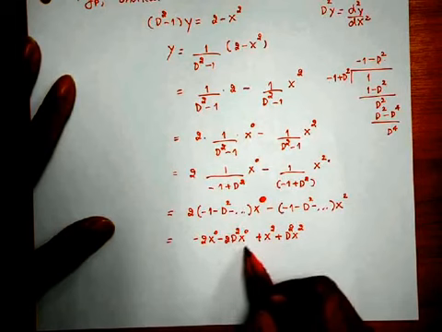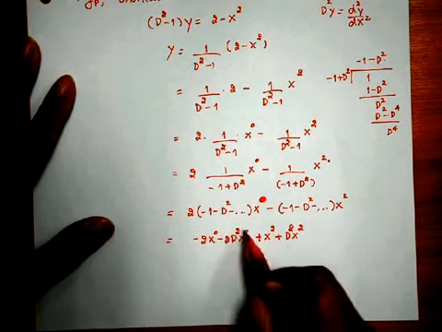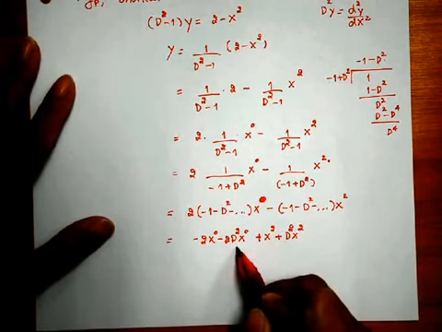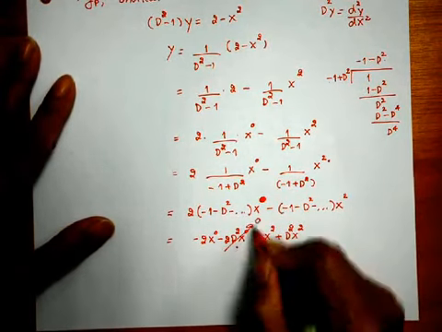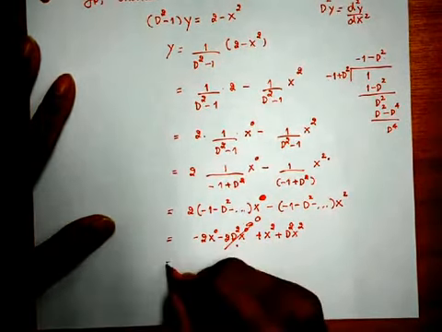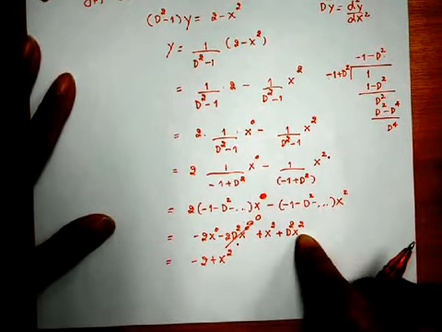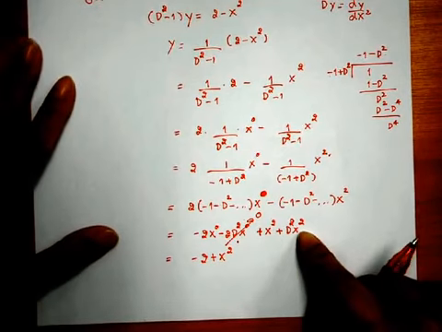So just distribute this term in here. The derivative of a constant equals 0, so this term is just equal to 0. So you get minus 2 plus x squared. The second derivative of x squared equals 2, right?